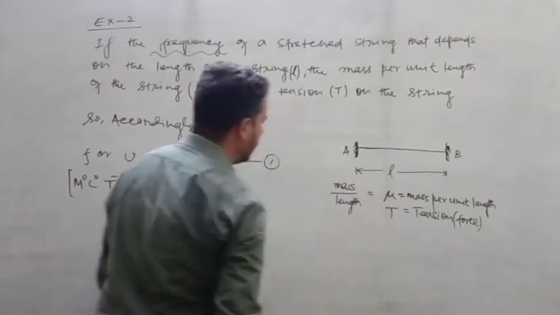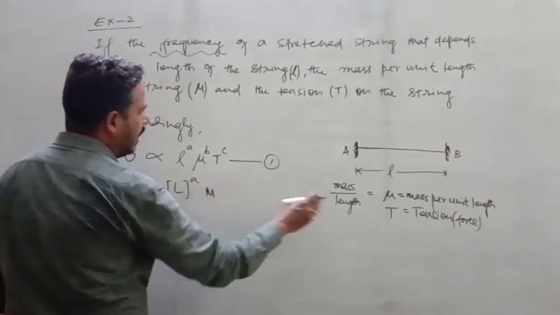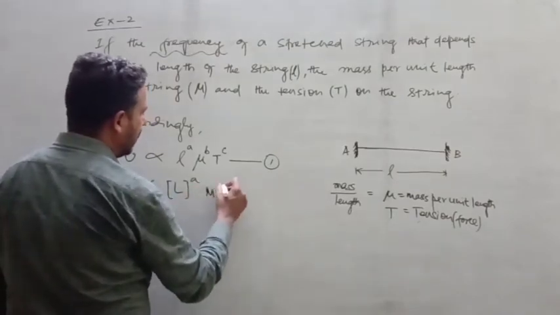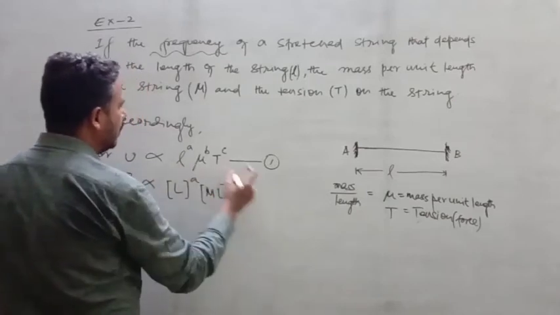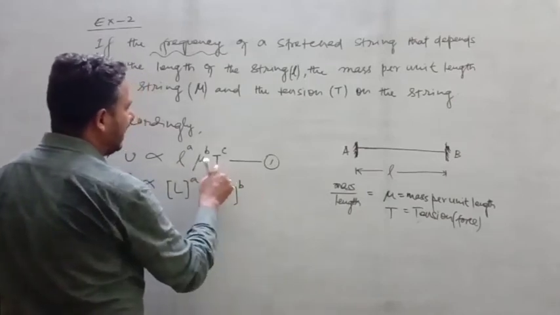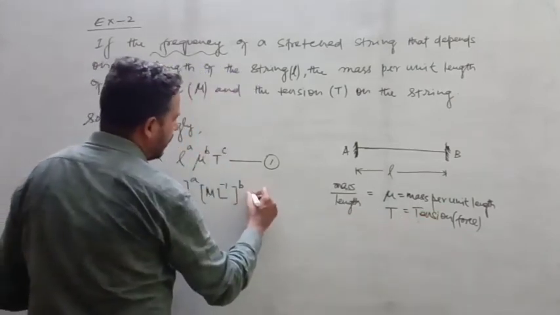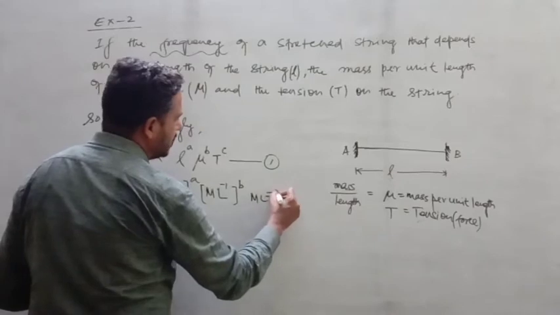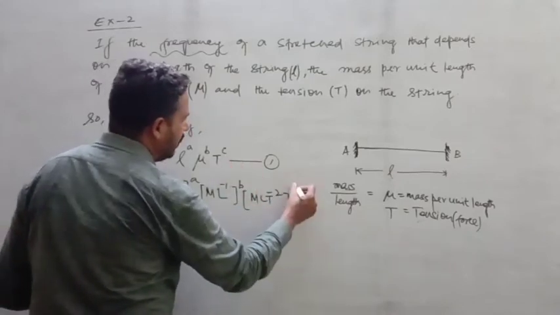So mass having dimension M and length having dimension L, so L to the power minus 1, and this having power b. And this is your T, that is tension force, dimensionally MLT^-2. It is written as, and this having power c.